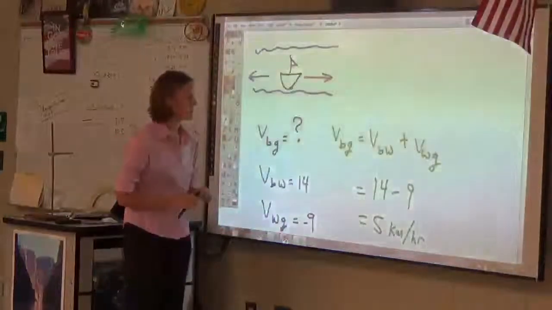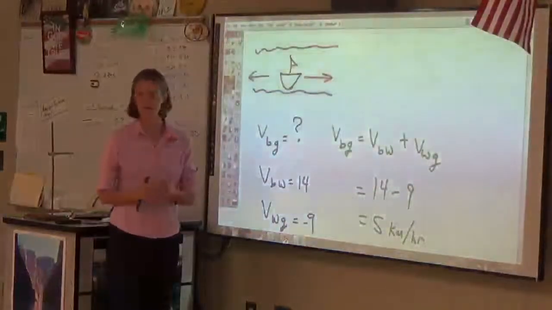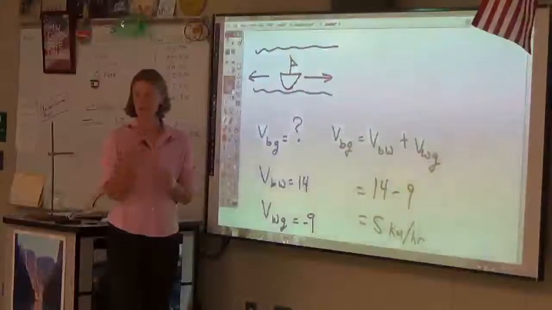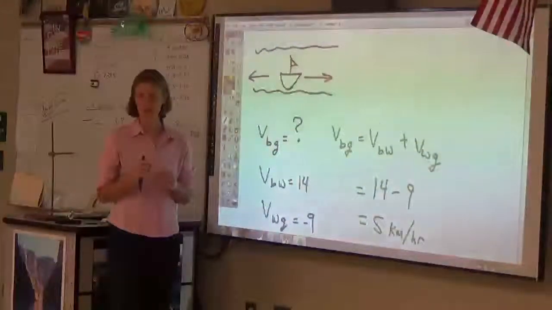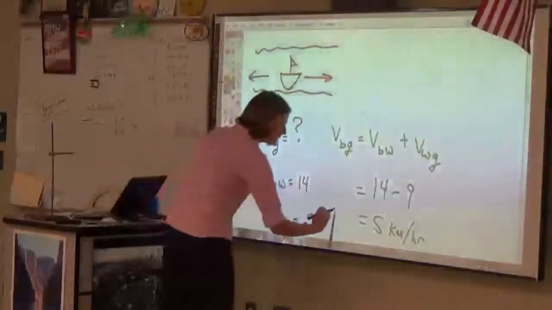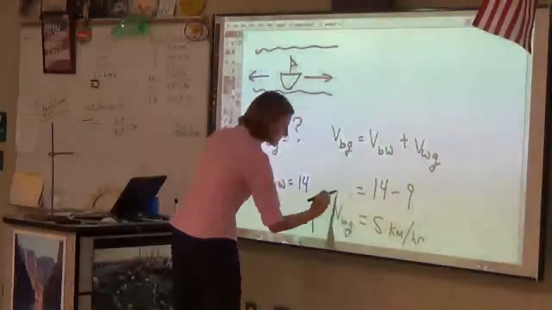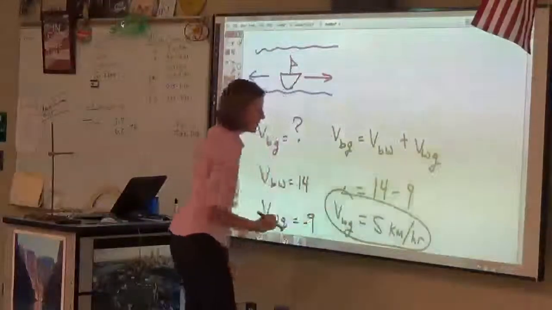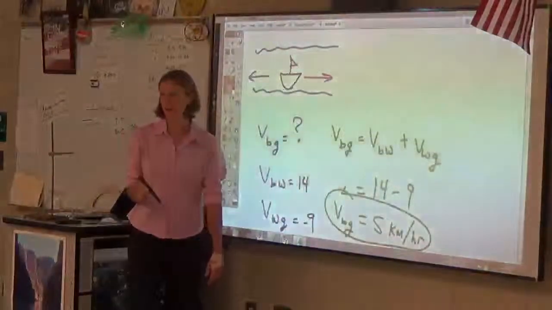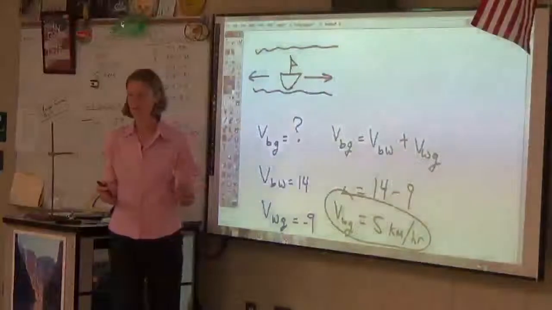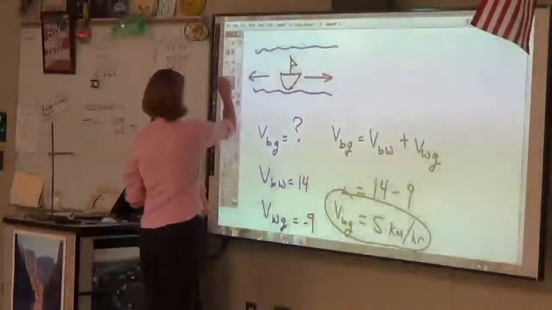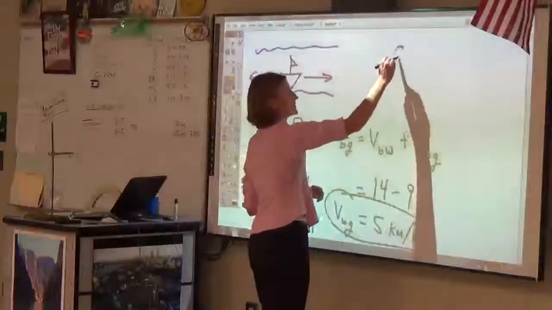So what is the velocity of the boat relative to the ground initially? 5. That's what we just found. The final velocity of the boat relative to the ground, if it just runs ashore, is what? 0. So it's asking for acceleration. That's our final minus initial.